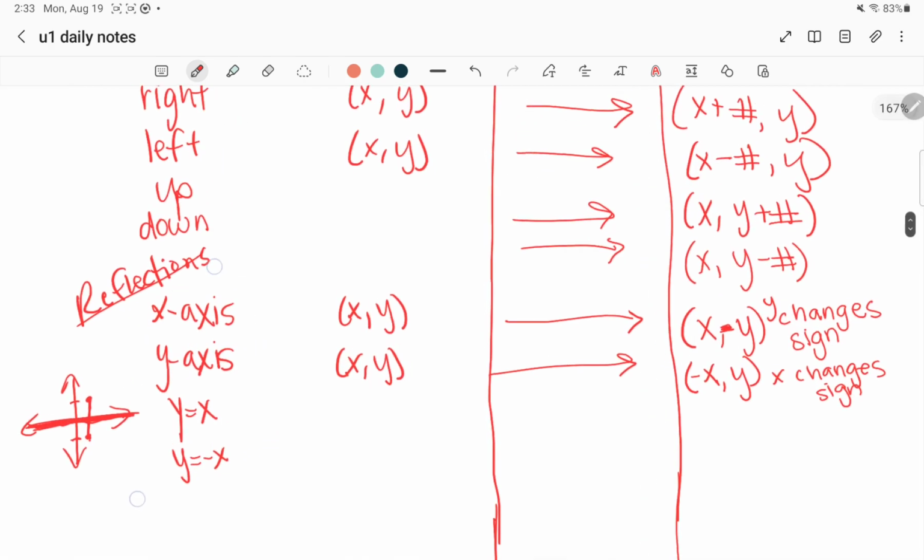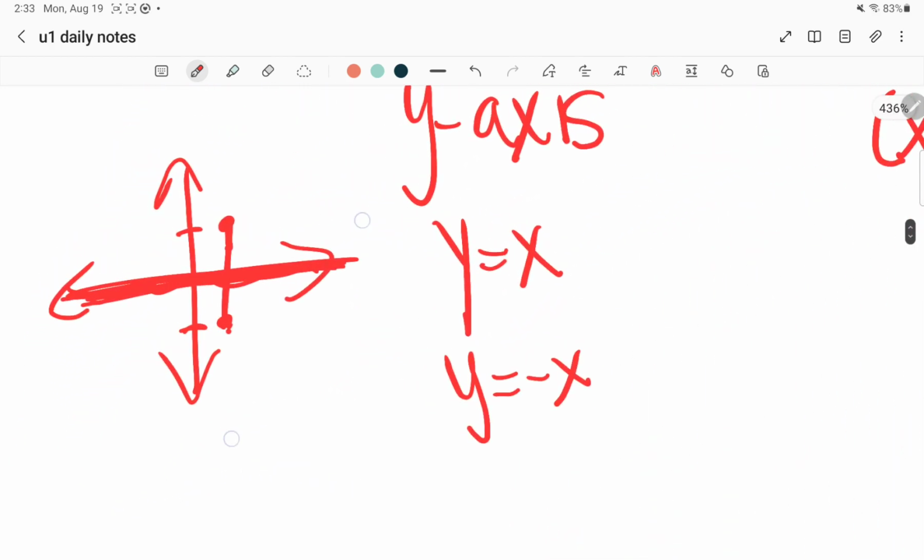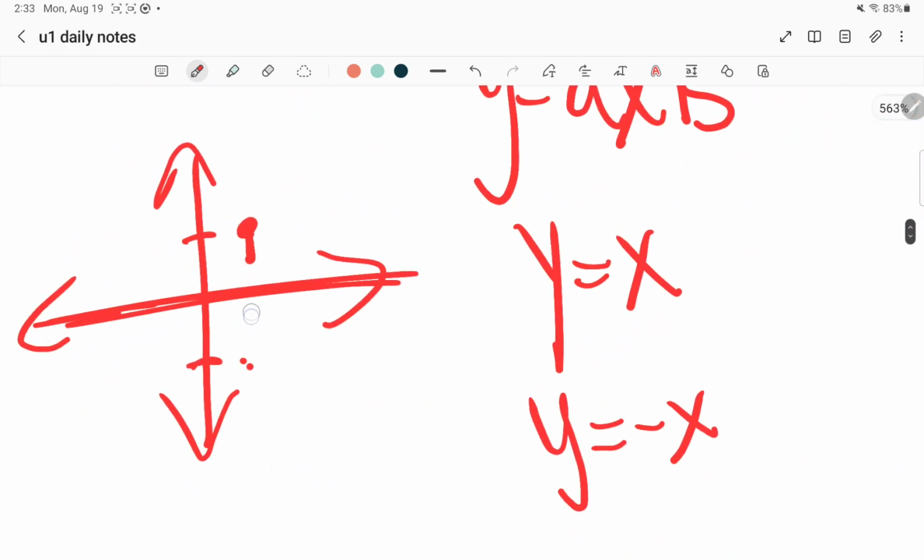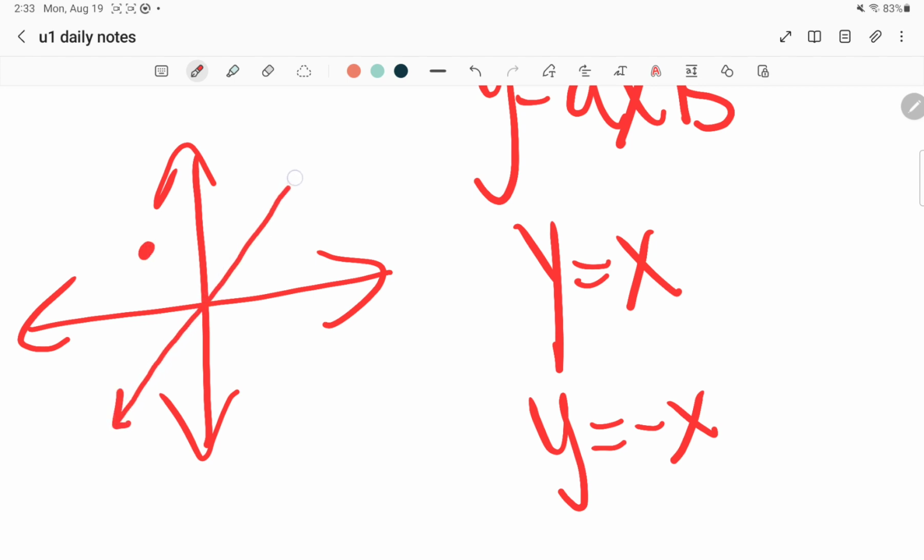So the line y equals x, I'll use my picture again, we'll put my dot somewhere else, is a diagonal positive line. Perfectly diagonal. So if I'm flipping it over this line, it's going to end up down here somewhere.